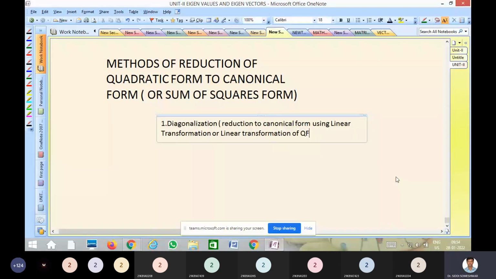And the second one is orthogonalization, that is reduction to canonical form using orthogonal transformation.